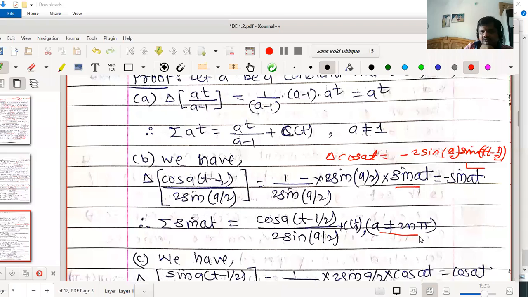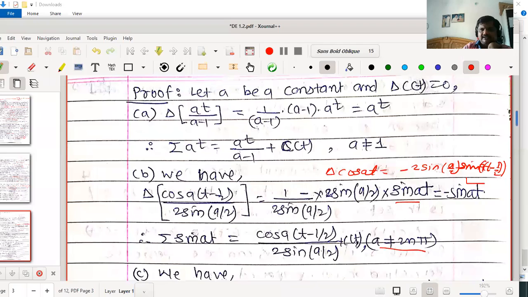Why a is not equal to 2n pi? If I take a equal to 2n pi, then this whole term becomes 0. Sin 2n pi upon 2 means sin n pi equal to 0. Sin n pi 0 means this total term has infinity. Similarly, we can prove for next result.